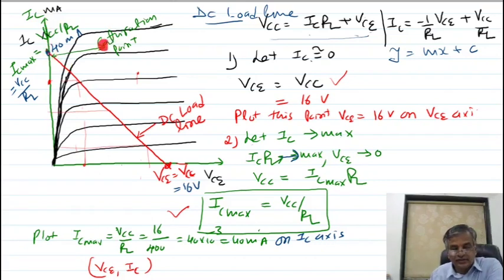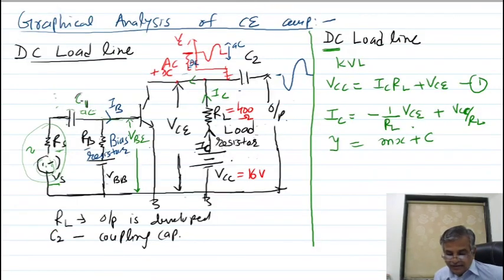So what is the significance of this? This gives the current IC max. This indicates that at the most, this much current can pass through the transistor. Current cannot pass more than this value. For a given circuit, the maximum current that can pass is VCC by RL.